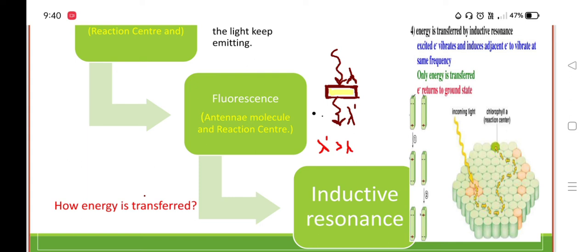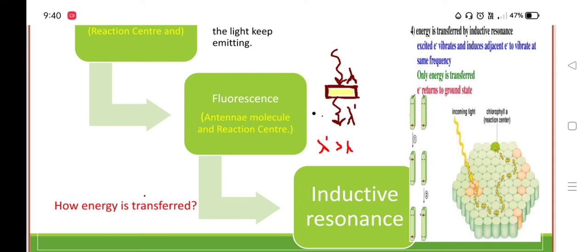The electron which traps the light gets excited, vibrates, and transfers the energy simply by vibrating to another pigment, which is in close association with it.